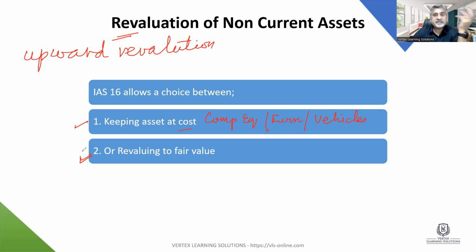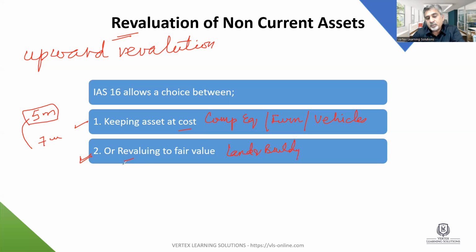But there are some other assets which are huge in value, in millions of dollars. For example, land and building. We have some land and building, a property in our balance sheet. When we purchased it, it was 5 million. Probably now it is 7 million. So if I am still putting it at 5 million, there is quite a big difference in the value of the asset.